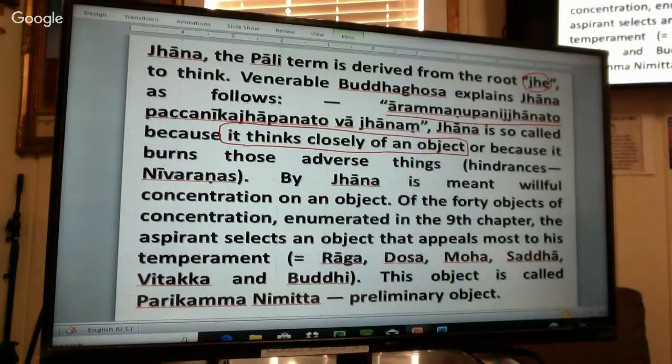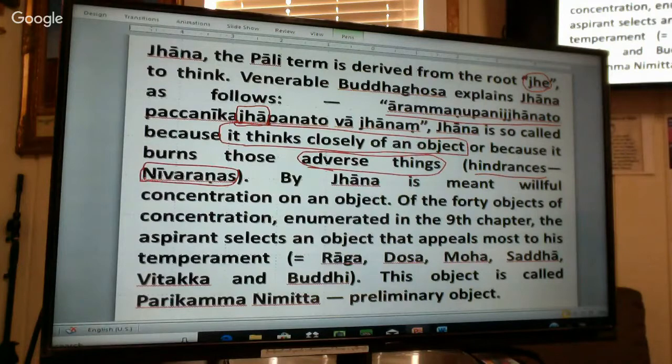paccanika jhapana. This jha means burning, not thinking. Like burning up those adverse things, meaning hindrances. Our mind has 5 kinds of hindrances, which we call nivarana. The 5 hindrances block mental progress. That's why our mind cannot upgrade.